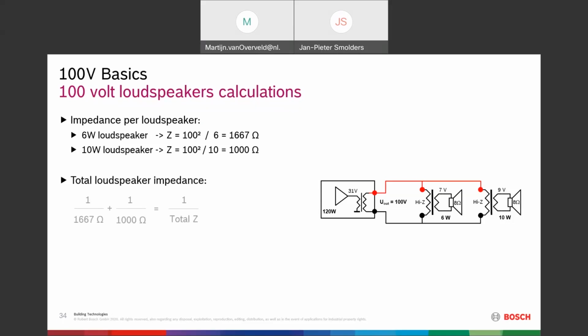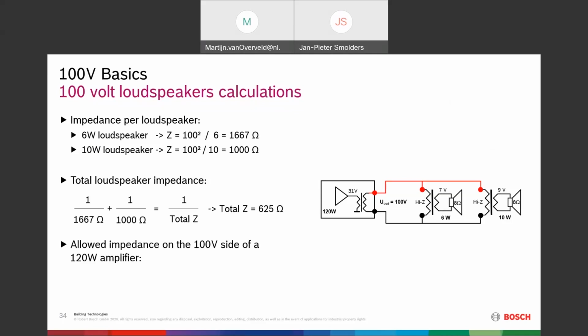Now, what is the total loudspeaker impedance in this case? You can use this equation, for instance, and the total will then be 625 ohm of those two speakers connected here in parallel. Now, the load impedance on the 100 volt side of a 120 watt amplifier will be 83 ohm.